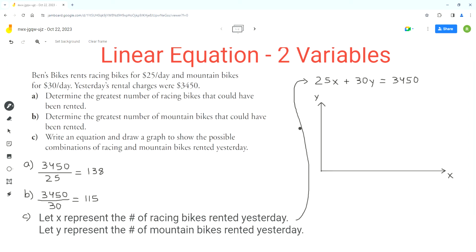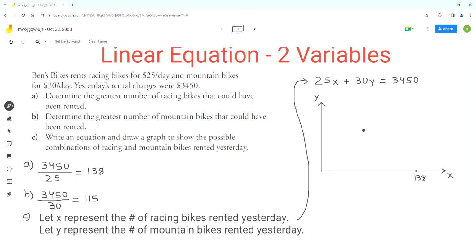Now the greatest number of racing bikes that are rented happens when no mountain bikes are rented. So that will be the x-intercept for the graph. And for that, we had a value of 138. So that's the x-intercept for the graph of this straight line.